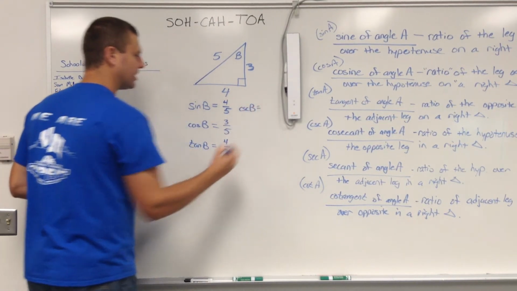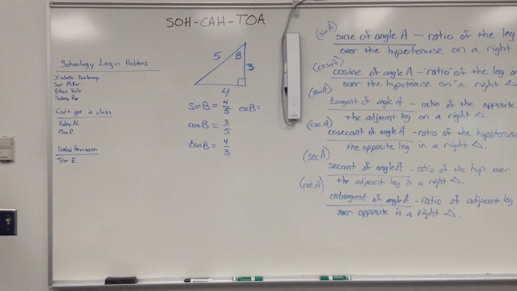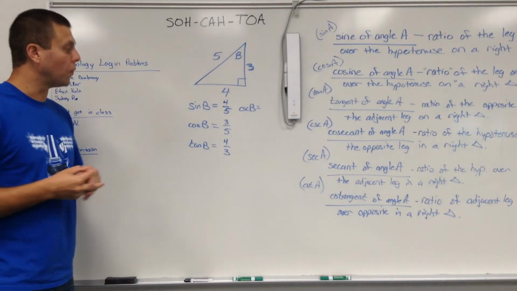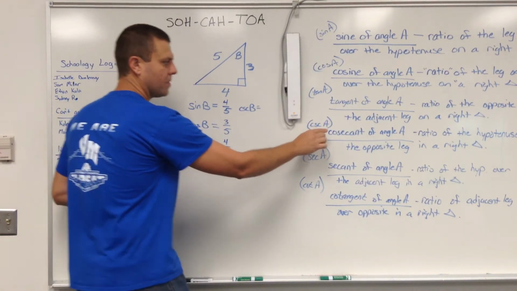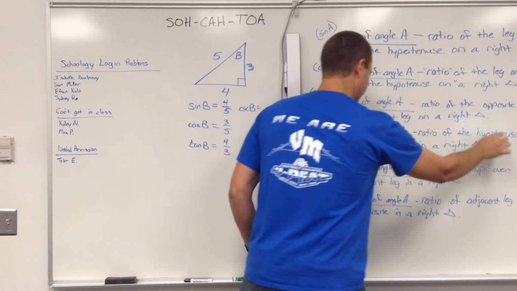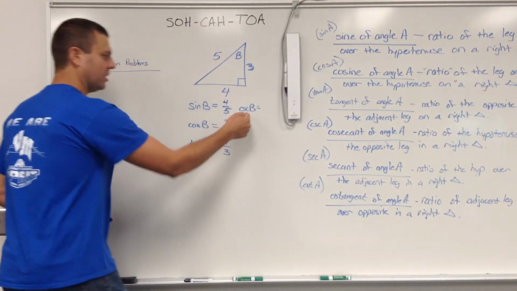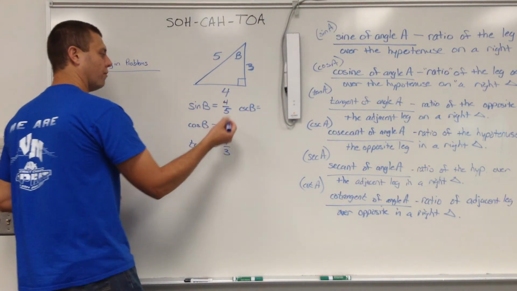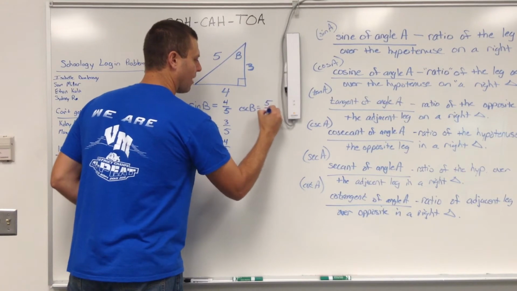What will the cosecant of angle B be? 5 over 4. Cosecant, remember, is the ratio of the hypotenuse over the opposite. It is the reciprocal of sine, so if the sine is 4 over 5, the cosecant is 5 over 4.